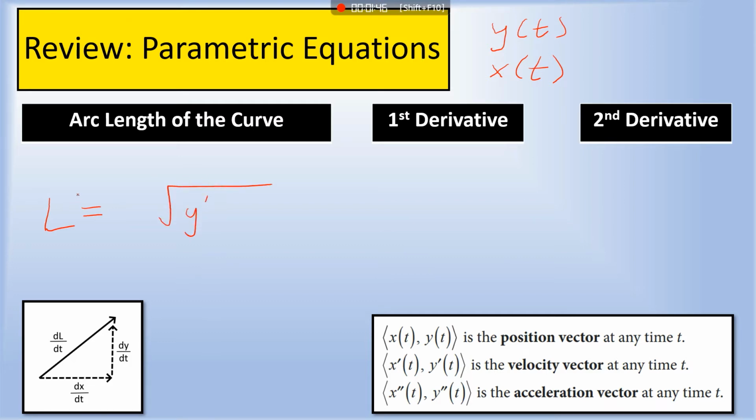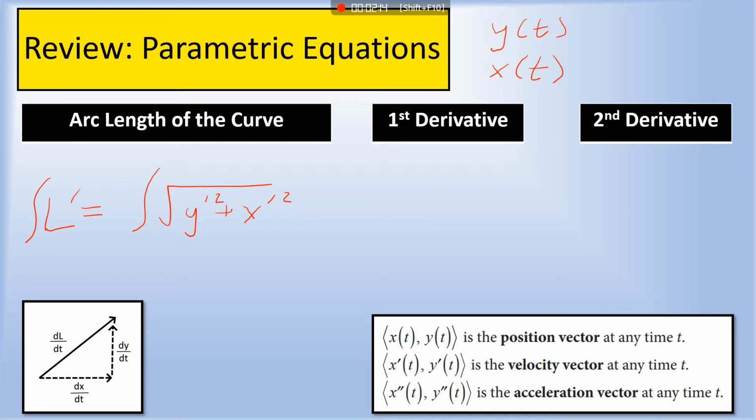Okay, so that would be L prime. If this is L prime, then the integral of L prime should give me L, right?